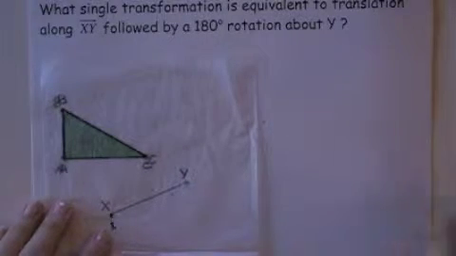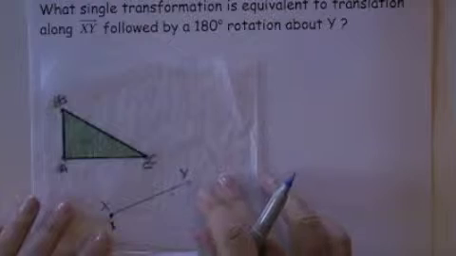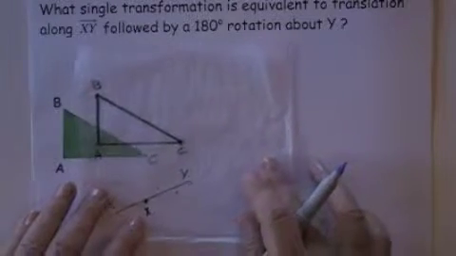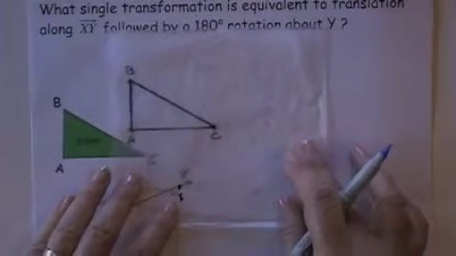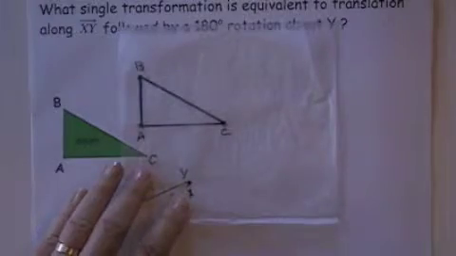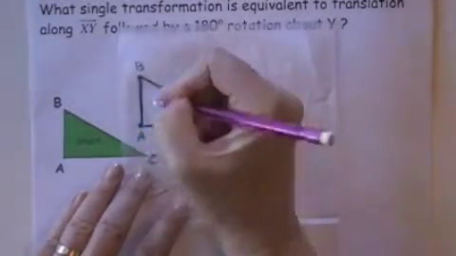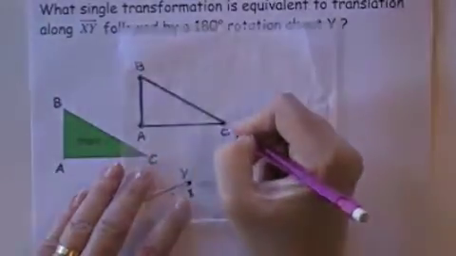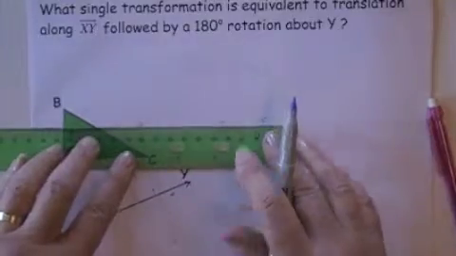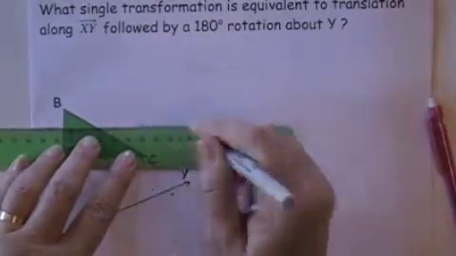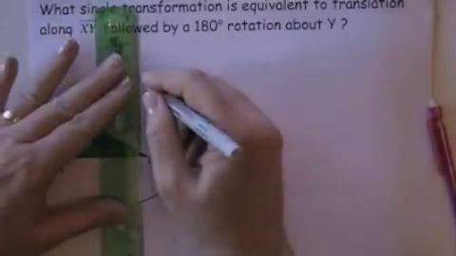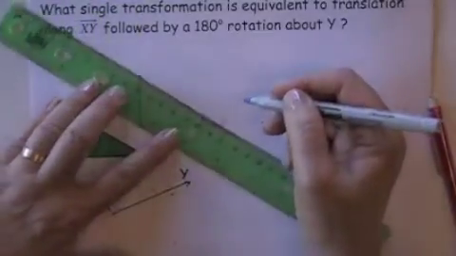I've marked point X down here, and now I'm going to slide point X along that vector until it reaches the end of the vector. Now, pressing rather firmly, it should leave a little pencil mark on your paper, and it did. So I'm going to connect those 3 points, and this would be triangle A prime, B prime, C prime.